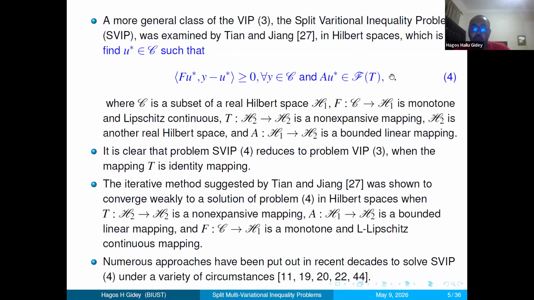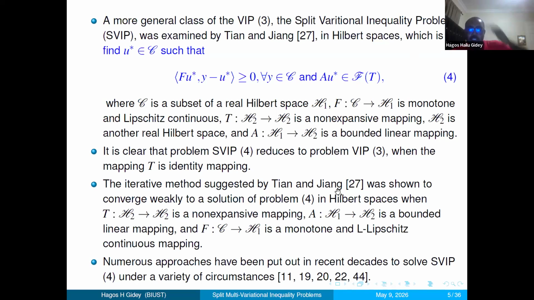This problem 4 is an extension of problem 3. If we take T to be the identity mapping, every point is a fixed point because x is mapped to x. Therefore, problem 4 is equivalent to problem 3 if we take T to be the identity mapping.